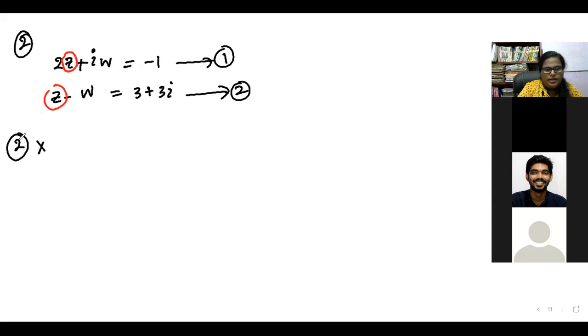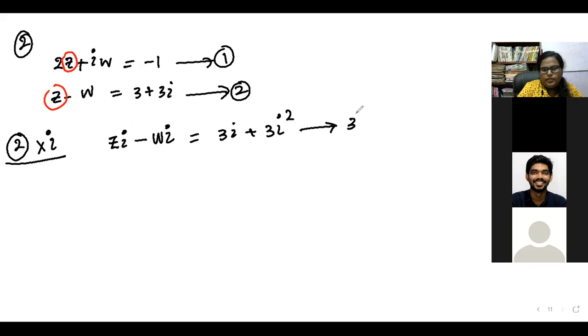So this is the thing that I have to do here. I multiply the second equation by i, right? The second equation is z minus w equals 3 plus 3i. So I multiply this by i, so we have zi minus wi equals 3i plus 3i square, right? So this is our third equation.